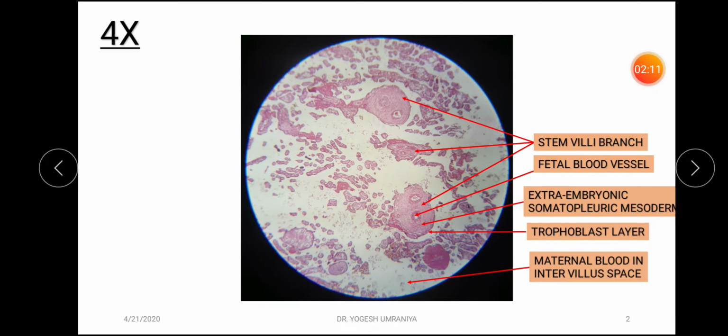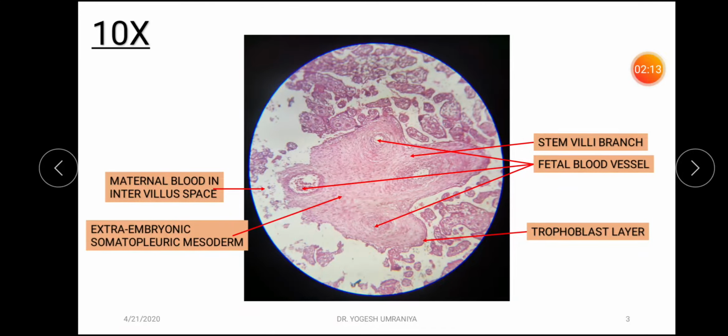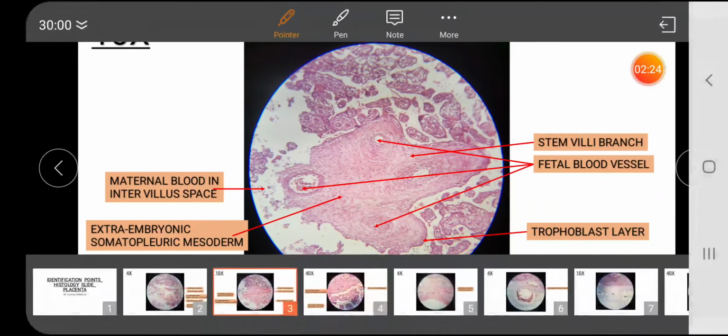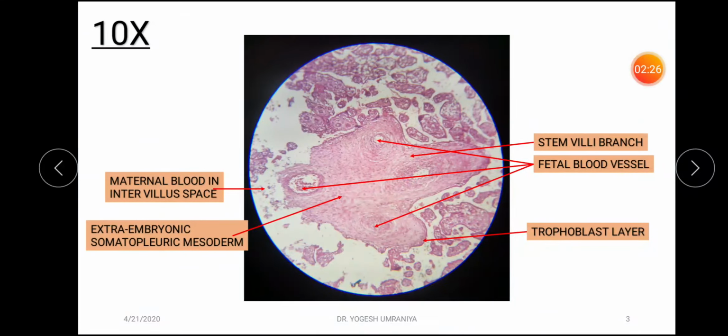Next one, that is the image under the 10x, a slightly bigger view. Again you can see the single stem villi containing the fetal blood vessels. Within that fetal blood vessel you will find the blood.